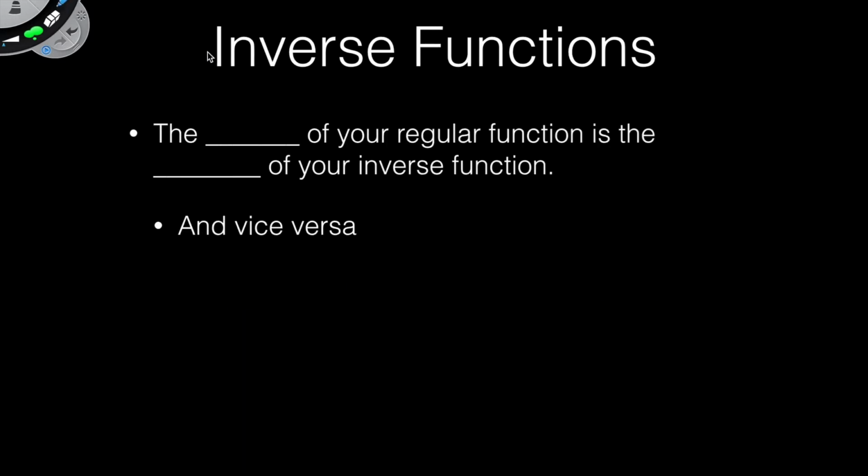Now let's take a little more mathematically rigorous definition of what an inverse function is. So we've seen what it does. Now let's just put this in fancy math terms. The input of your regular function is going to be the output of your inverse function, and vice versa.